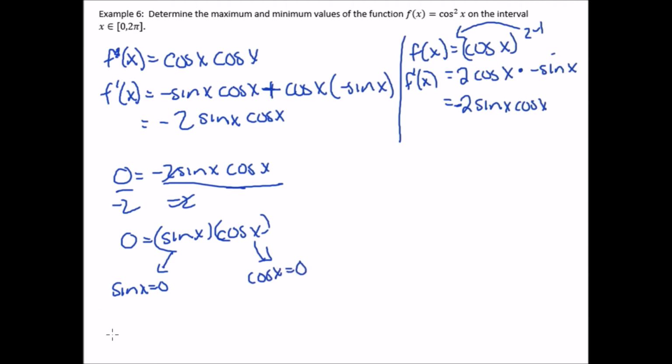Okay, so just to review, sine x is going to equal 0 at 0, pi, and 2 pi. So x equals 0, pi, 2 pi. And for cos, we're going to equal 0 at pi by 2 and 3 pi by 2.